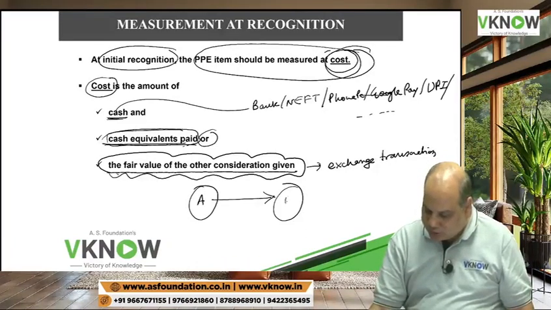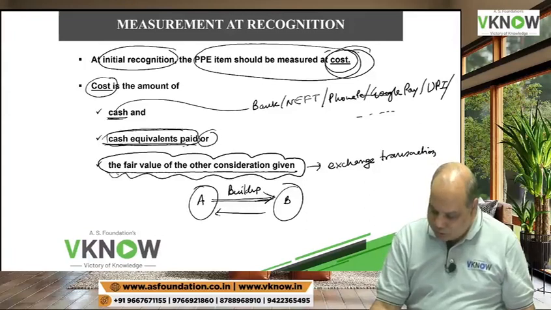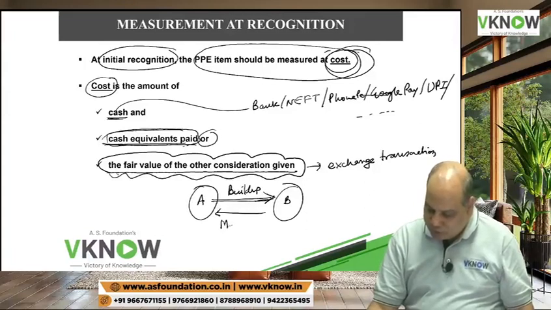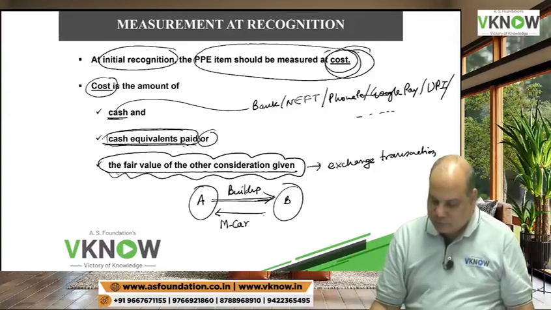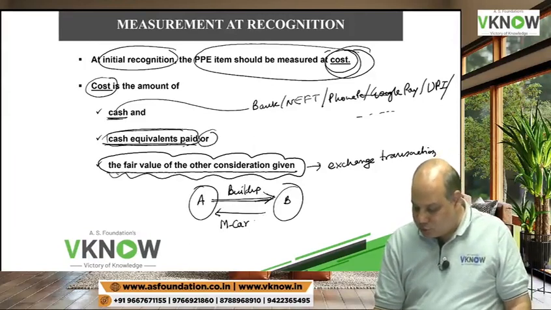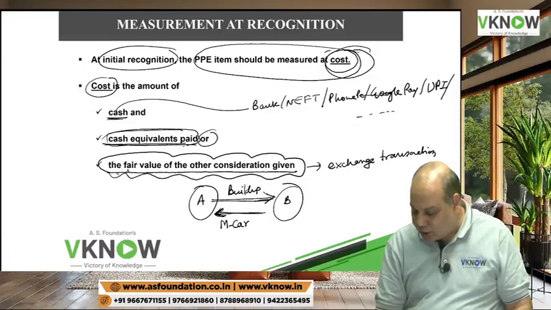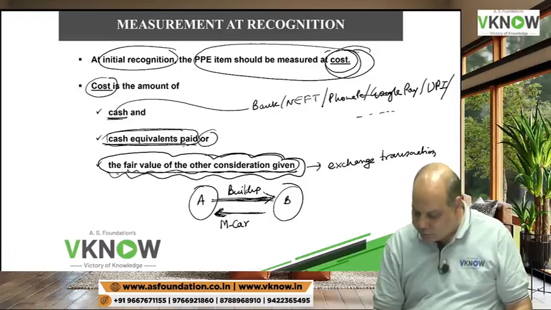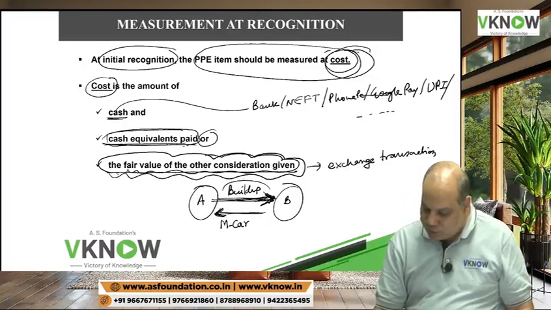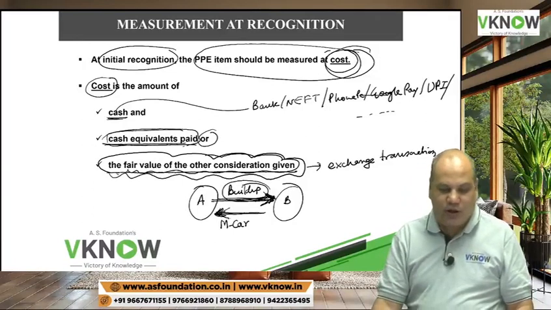Mr. A tells Mr. B, you take my building and you give me your Mercedes car. So this is how the car will be valued: at the fair value of the other consideration given. The fair value of the building given will become the cost of the car.